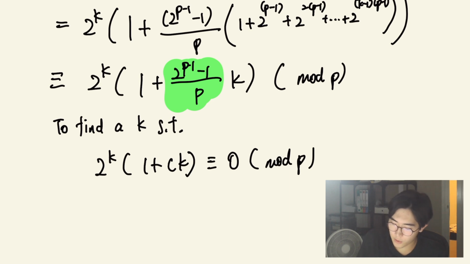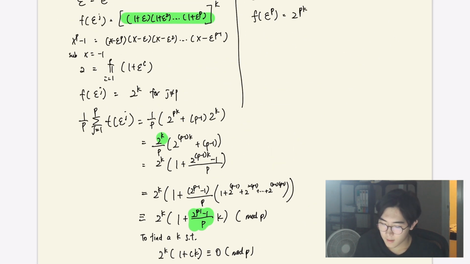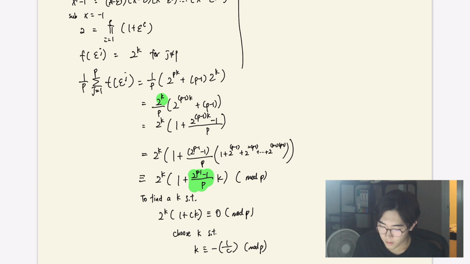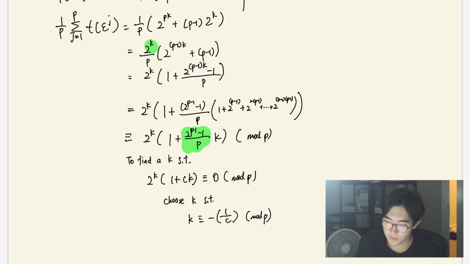And we can just do so by choosing k such that k is congruent to minus 1 divided by c mod p. And that basically solves our problem. So QED.